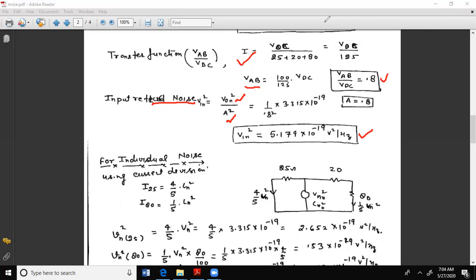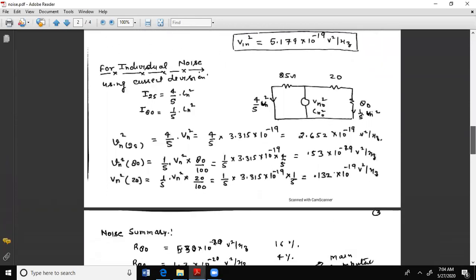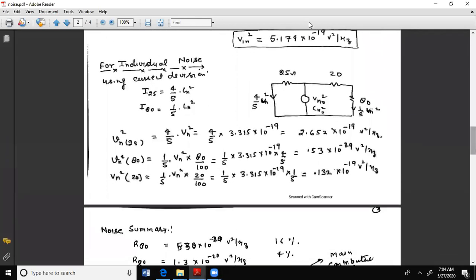Important is to calculate the noise of the individual elements. How can we calculate it? See, till now we have already calculated the total noise power. So this is my output terminal Vn0 square. Okay, so in the case of noise, if there is a voltage source, short the voltage source.